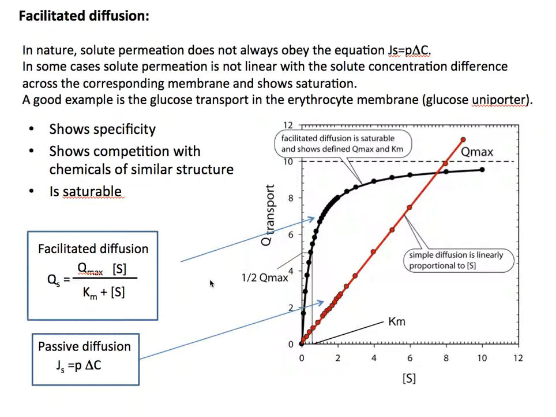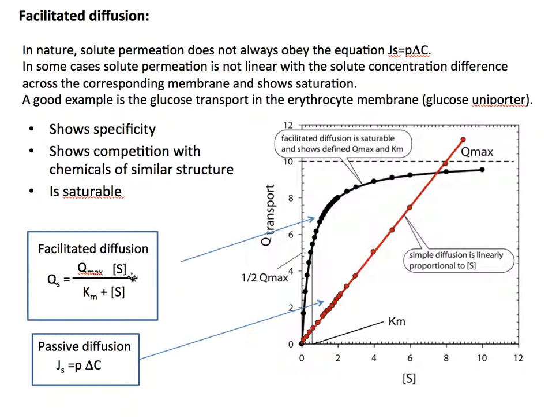The reason this happens is that if S is very small, then you can ignore this term right here. Then what does it become? It just becomes Q max times S over Km. That's kind of like Y equals a constant times some variable.